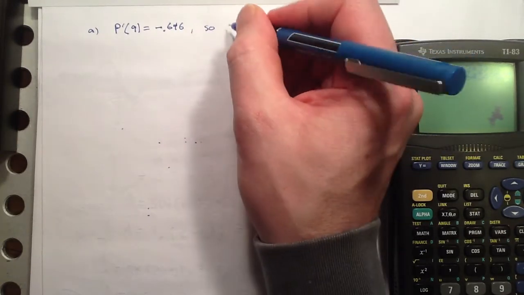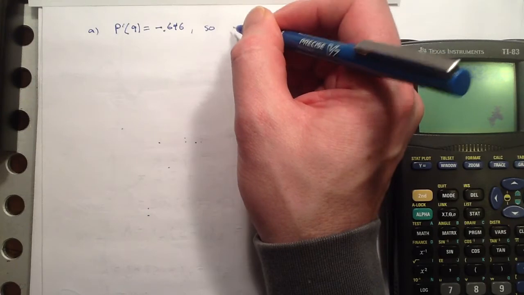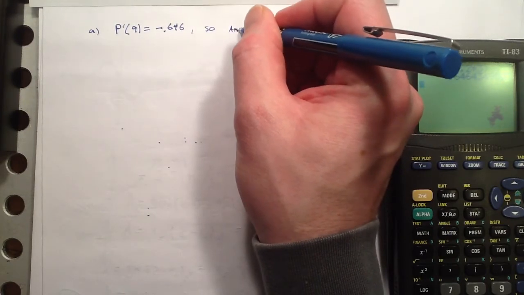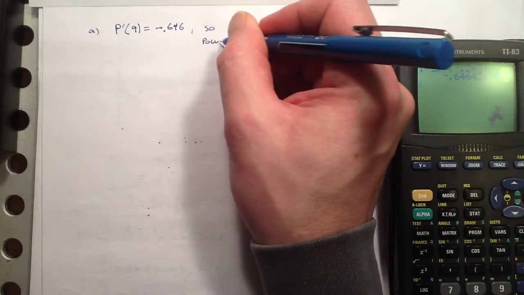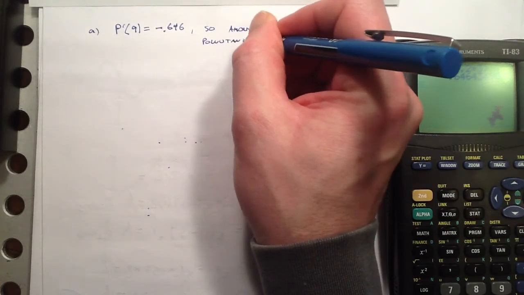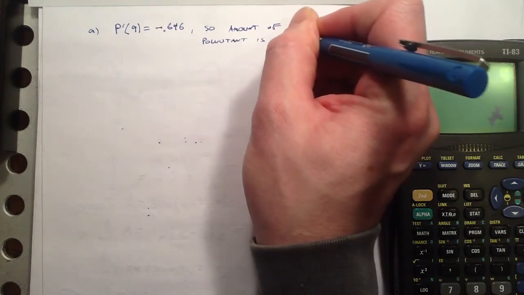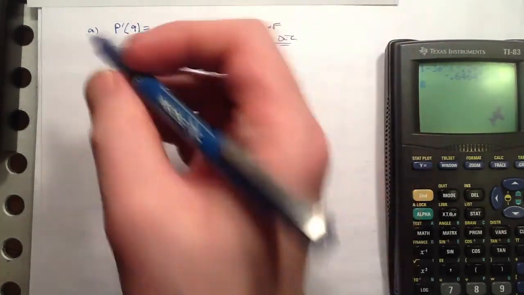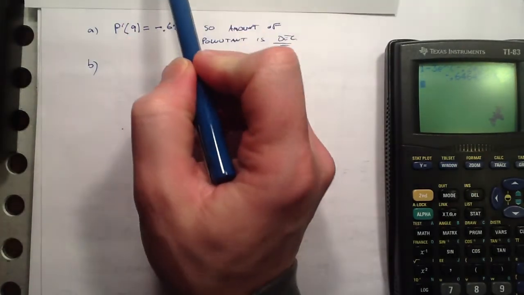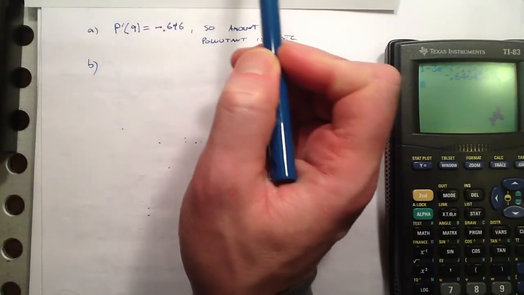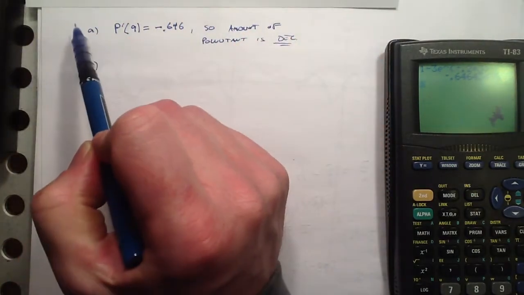So the amount of pollutant is decreasing because that's negative. Again, you want to find increasing or decreasing, then you're looking at a derivative, and they gave us that derivative.